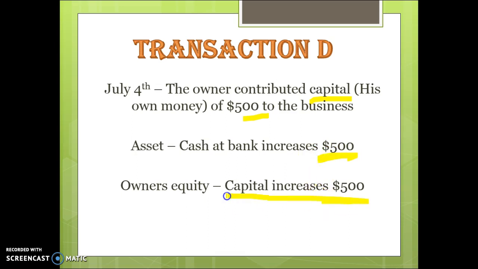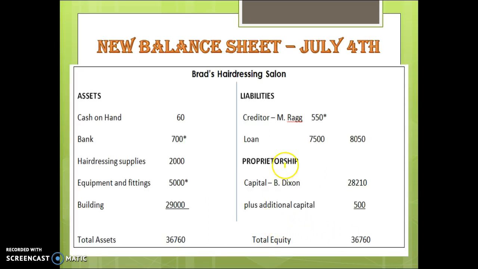Owner's equity capital increases by $500. So any contributions made by the owner, and this will always be specified really clearly, will always increase owner's equity or the owner's share of the business. So in this case here, the bank account increases by $500. It was $200, and you record the rest of it as additional capital in our owner's equity of $500 as well, which keeps our balance sheet in balance.